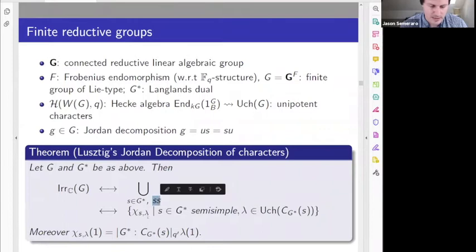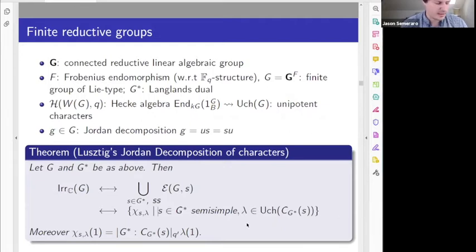So SS here means semi-simple, and these Lusztig series are in bijection with unipotent characters of the centralizer of the semi-simple element in the Langlands dual. Okay, so we can understand the irreducible characters of G in terms of these Lusztig series.